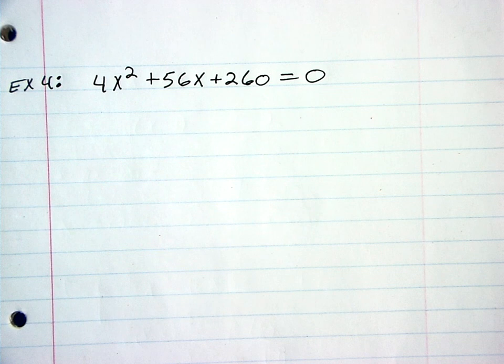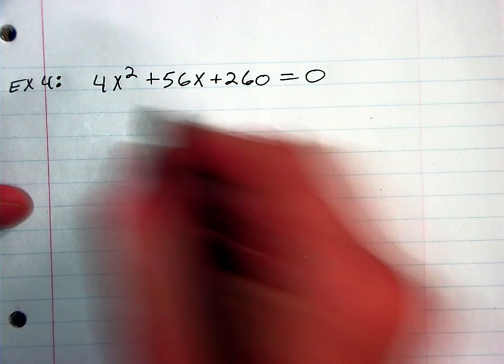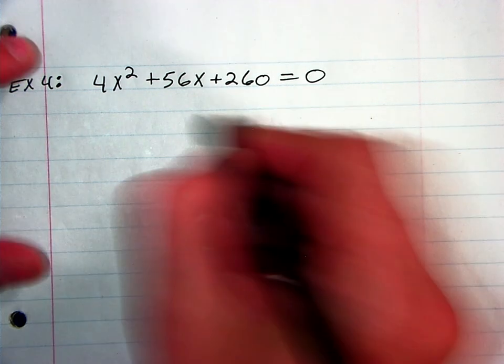First of all, what's your A term? 4. So are we allowed to do completing the square if our A term is anything but 1? No. So what do you think we do to make our A term 1? Divide by 4. I like that. Well, will all of these divide by 4? Yes.